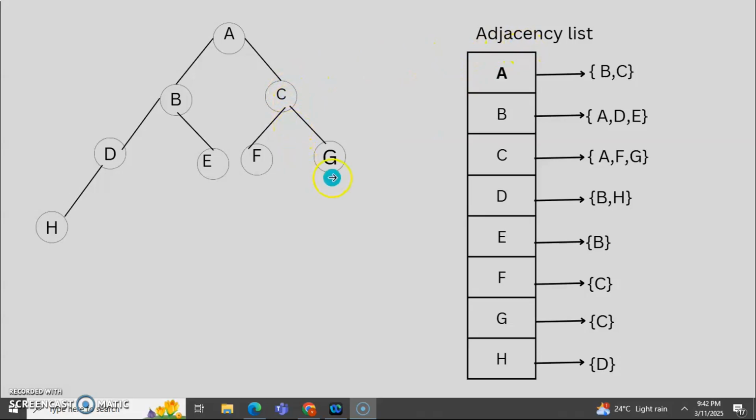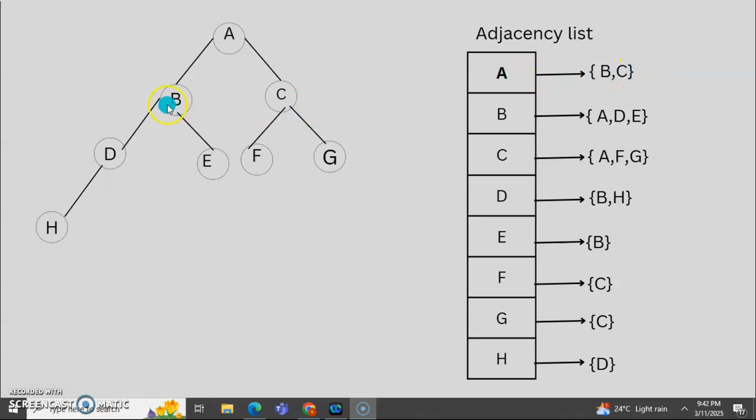What do you mean by adjacency list is, suppose you consider node A. For node A, you check what nodes are connected with A with one edge. If you take A, it is connected with B and C with only one edge. So I will consider B and C as adjacent to A.